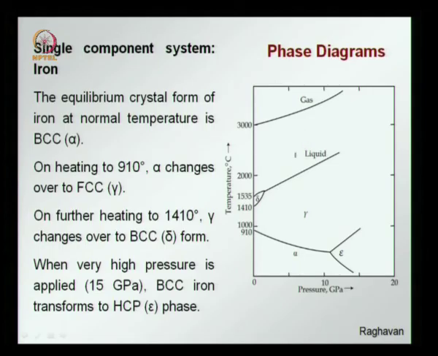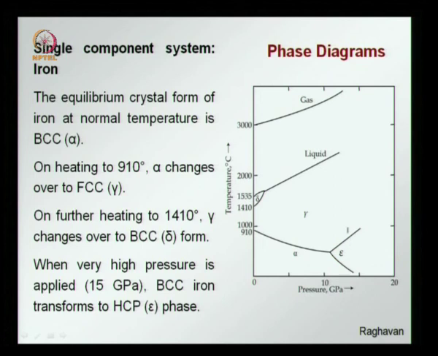As the temperature decreases, different phases of solid iron form. This is the gamma phase, which is an FCC structure, the alpha phase, which is a BCC structure, and in some cases when you have very high pressures, you have an epsilon phase, which is an HCP structure.